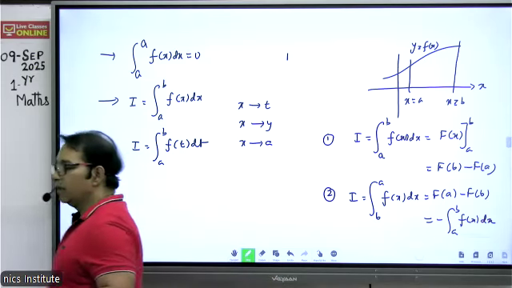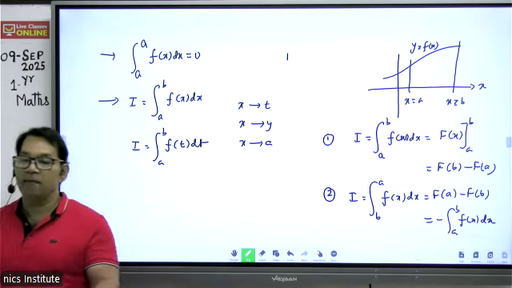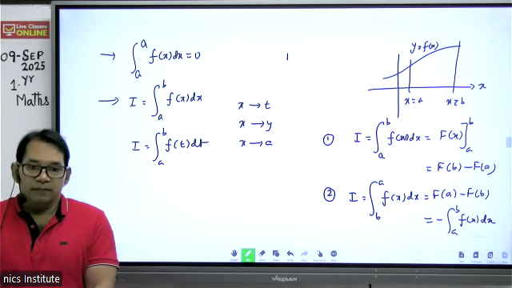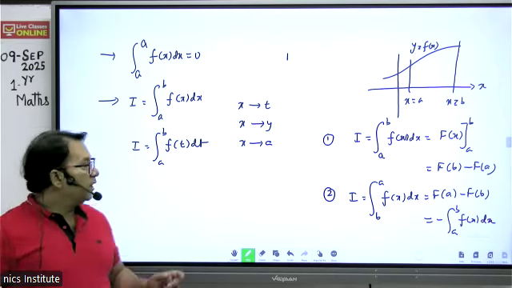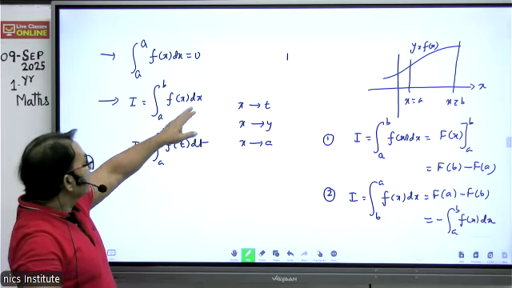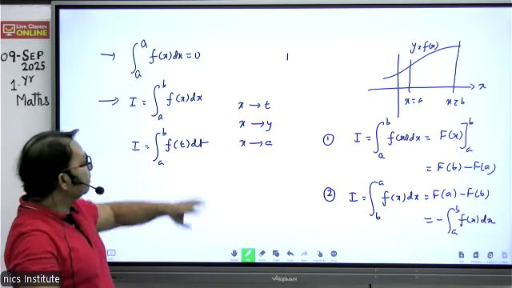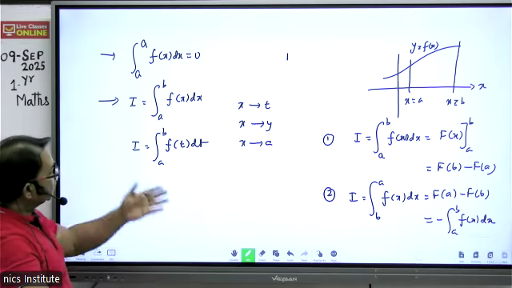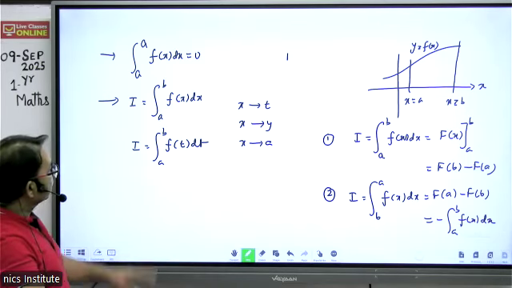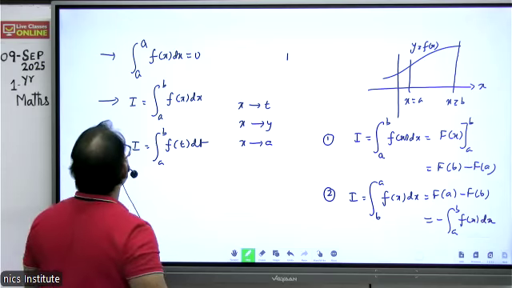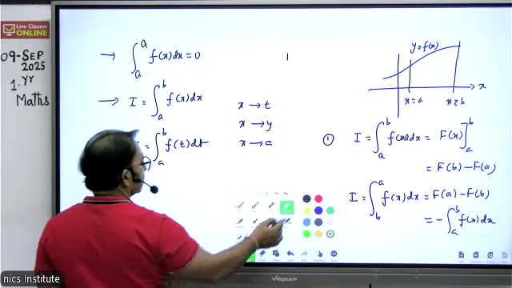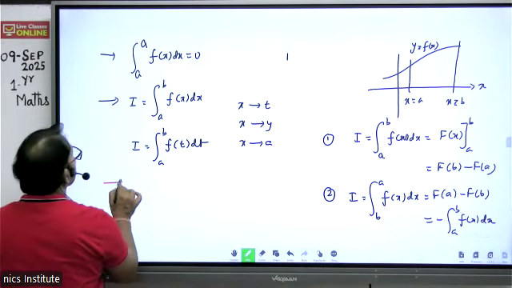For example, if a person changes his or her name, the person remains the same. So if you change the variable everywhere, you can't change only dx. Wherever you have x, it is replaced by t, and the integral remains the same. Next result.